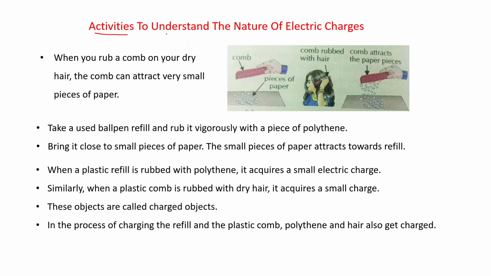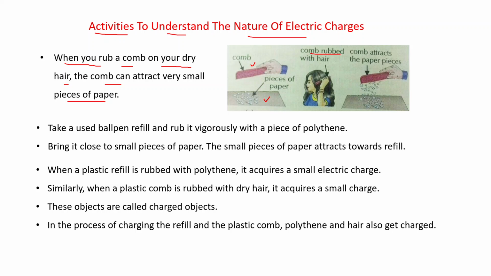Now, activities to understand the nature of electric charges. When you rub a comb on your dry hair, the comb can attract very small pieces of paper. See this diagram? This is comb. These are the pieces of paper, and comb is not attracting these pieces of paper.